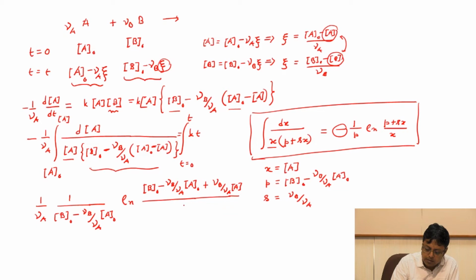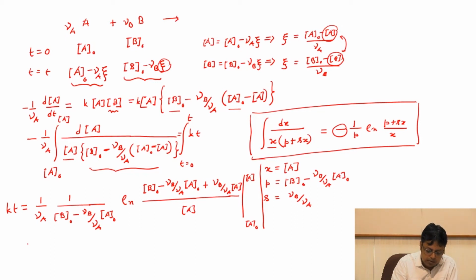X is nothing but a. Now remember, this is just the integral, so I have to evaluate it between a equal to a0 and a equal to a, and the right hand side integration is pretty straightforward, that should be equal to kt. So kt is nothing but this.